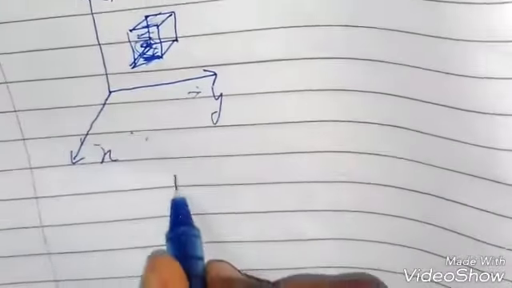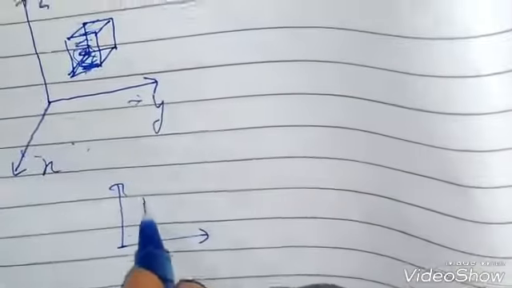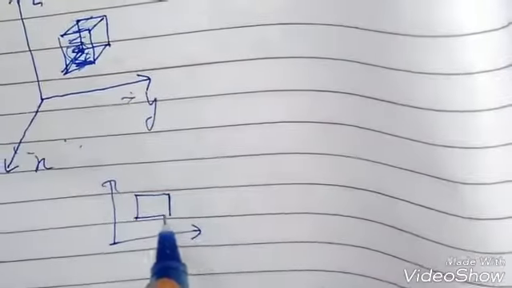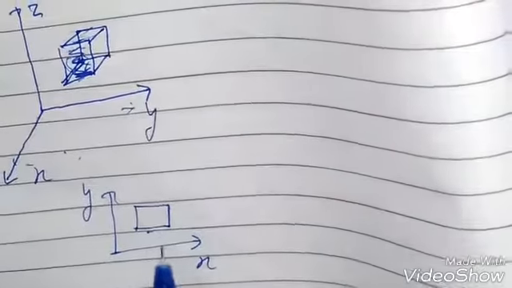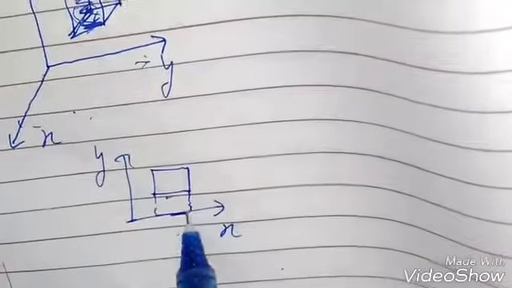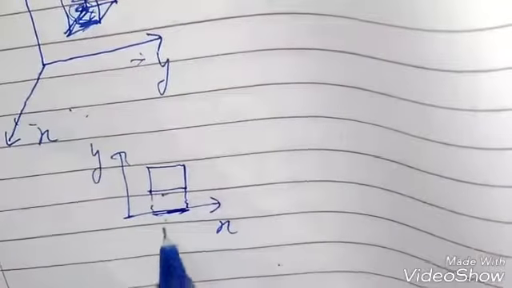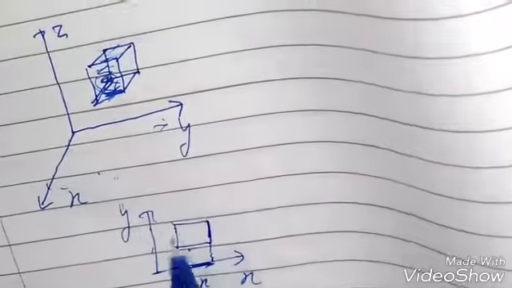Let's first talk about the surface element of the small surface in the xy plane. Let this plane be xy and this small surface lies in the xy plane. Let the distance covered by this plane along x-axis be dx and along y-axis be dy.